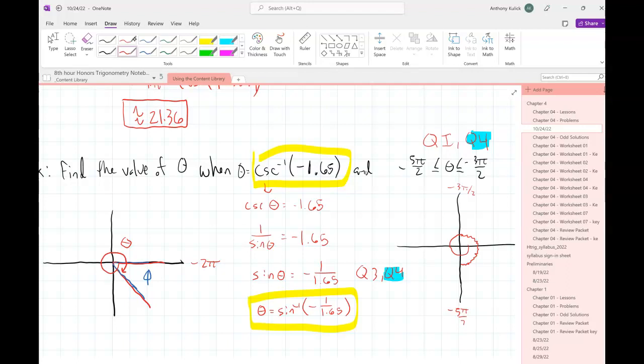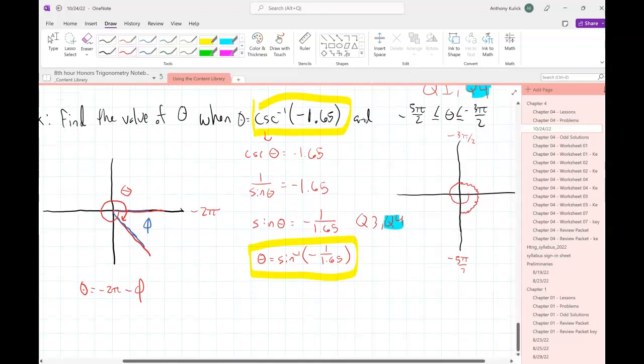That's right. Getting more negative, making it smaller. So, how much smaller than negative 2 pi is theta? It's phi smaller. That was the other tricky part. In my experience, half or more of students mess up that past the negative number actually is getting smaller, so we need to subtract.